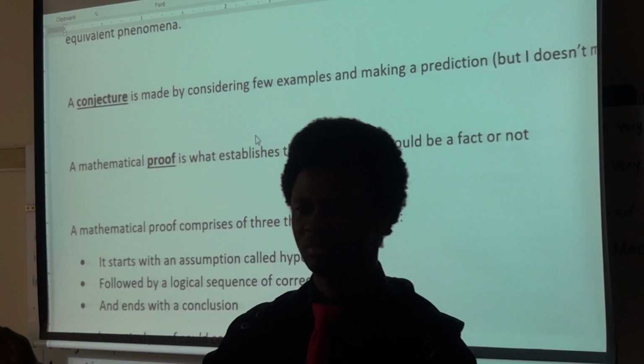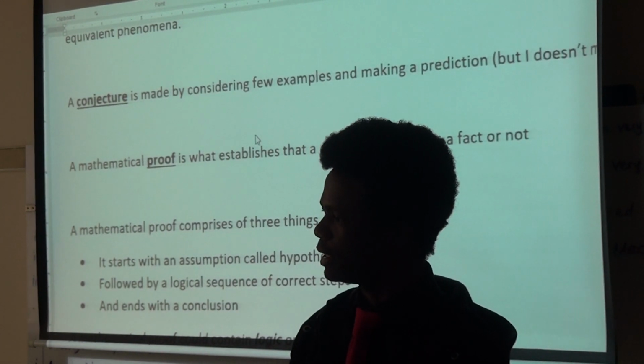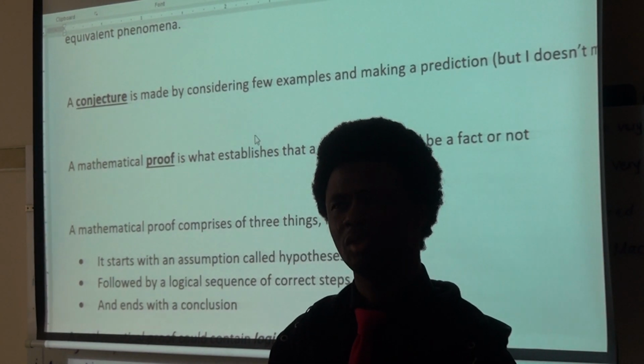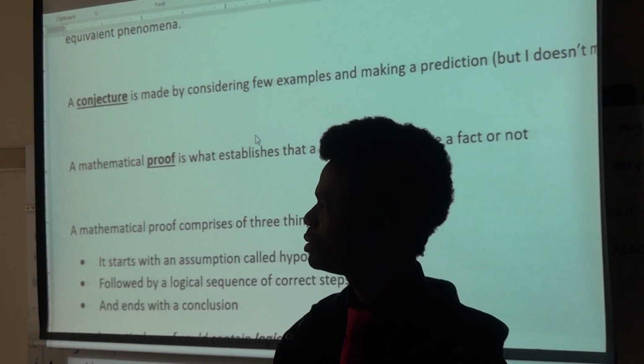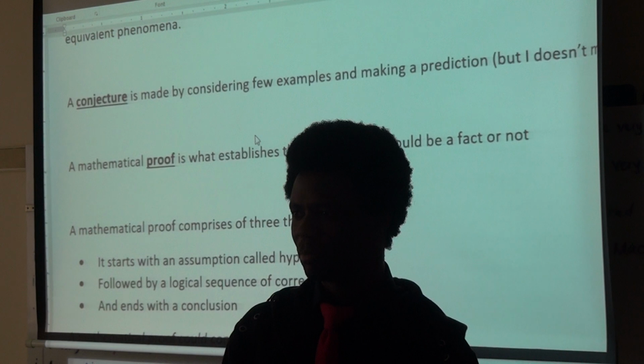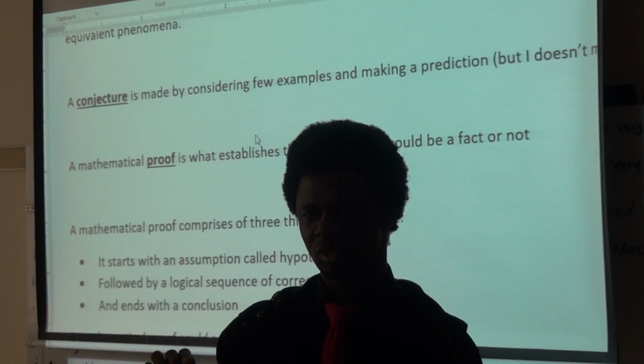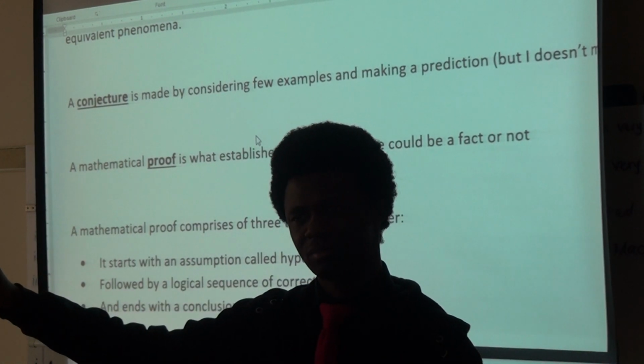There will be an assumption. Look at one of the proofs that I gave you at the beginning of the term. I asked you to prove something about a number, then I asked you to prove it in general. Do you remember that? By using letters to assume, that is your hypothesis.